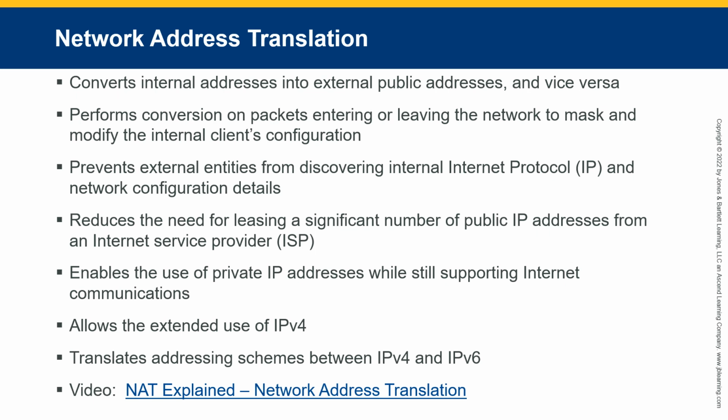They would only see the NAT device and everything else is hidden behind it. It also reduces the need for public IP addressing. It enables the use of private IP addresses while still supporting internet communication and allows the extended use of IPv4.